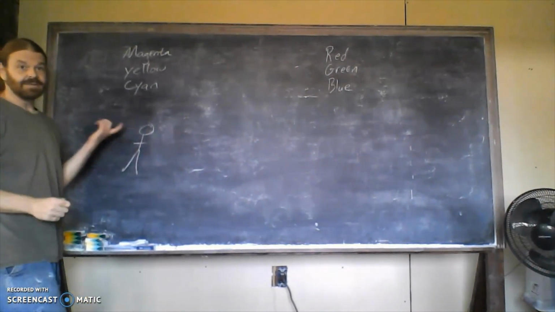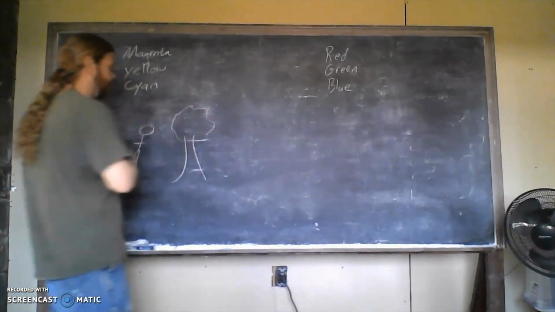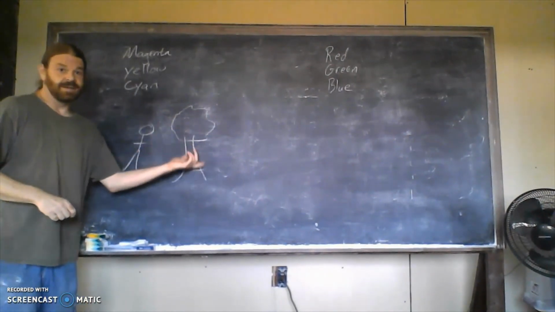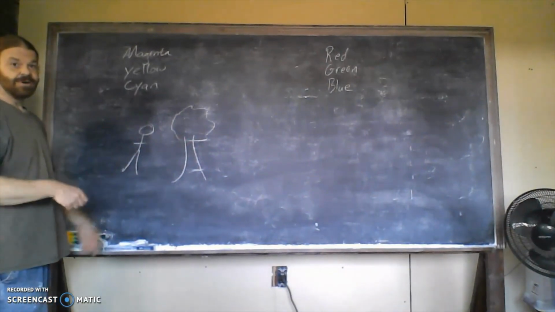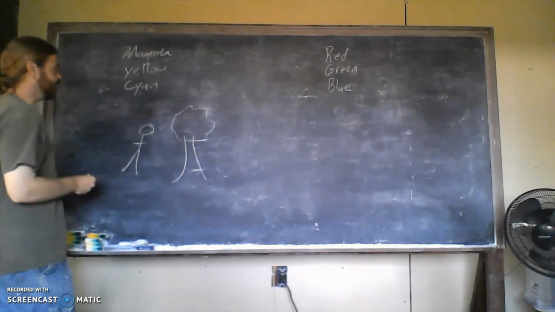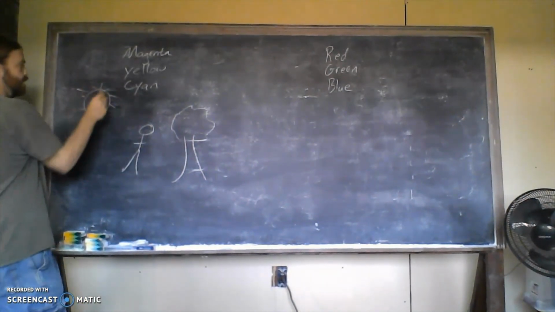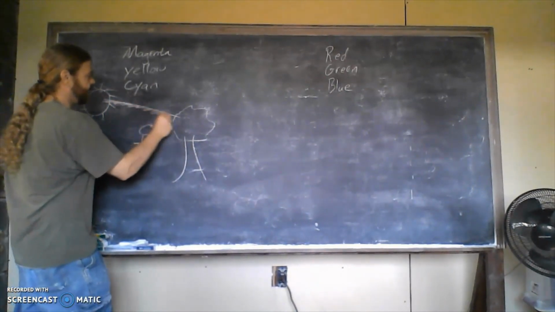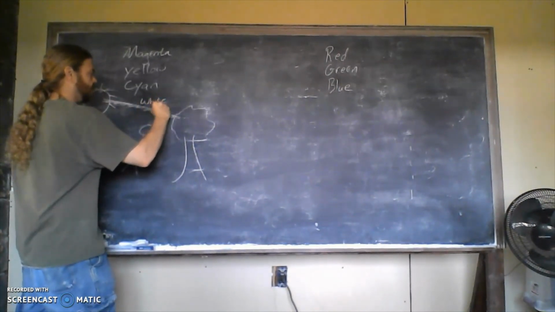So there's us. We want to see some colors, and I don't know, we're looking at a tree. We're going to see a tree with green leaves and a brown trunk, something like that. And what we see is based off sunlight. Sunlight contains every color of light. So we have this light coming in, which is white light.